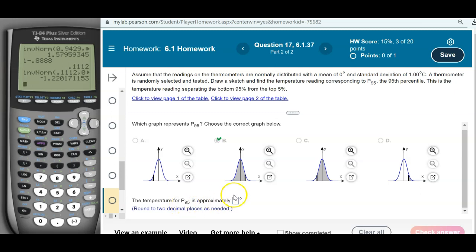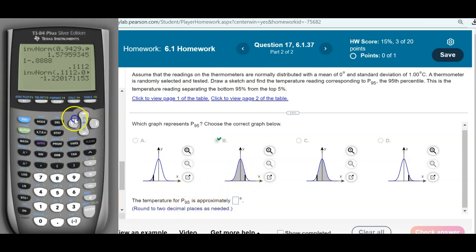All right, when we know an area, 95% is an area, and we're looking for a number, that's the inverse's job. So these are going to be the 2 you use on this calculator. Normal CDF finds area and probability when you are given numbers, in this case, in this section, z-scores. Inverse normal takes in area and finds the z-score.